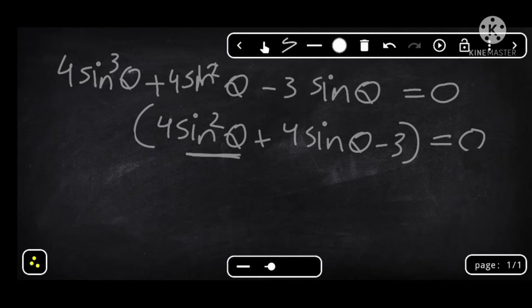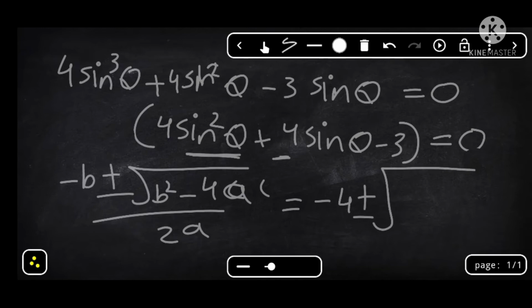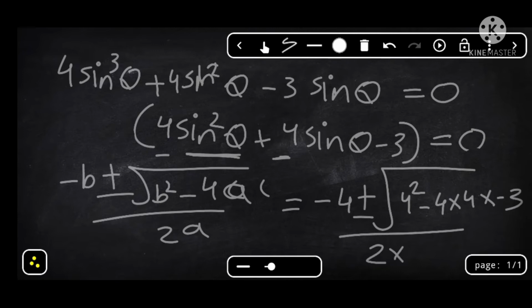It will be minus b plus or minus root b square minus 4ac divided by 2a, right? So minus b means minus 4, b is 4, plus or minus root b square is 4 square minus 4 into a is 4 into c, that is minus 3, divided by 2 into a is 4.